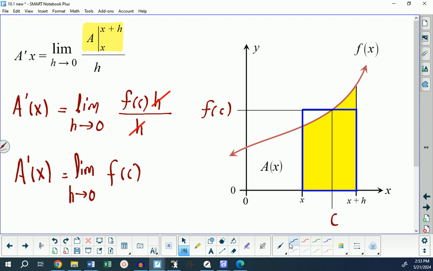Well, let's talk about what's happening to these two things as h approaches 0. We can talk about all three things, but x doesn't move because we started off with x being the value that's the input for the area function. It's x plus h that's crowding in on x.